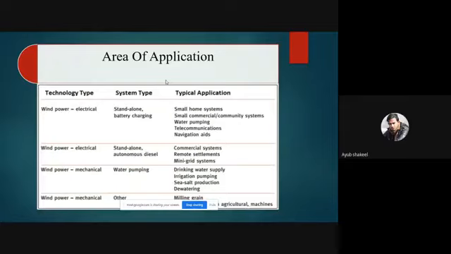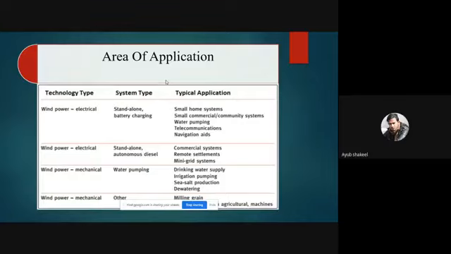So this is how we have made devices and appliances that take advantage of wind energy. In small house systems and commercial systems, there is water pumping, like irrigation systems that depend on wind energy, and then we have telecommunications, like navigation aids, that also depend on this.